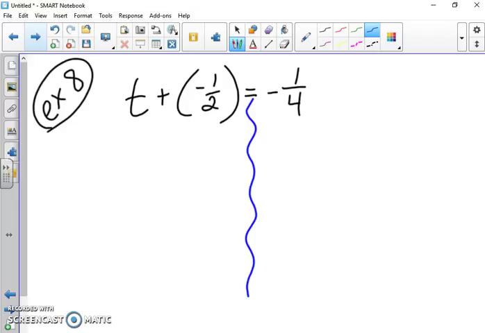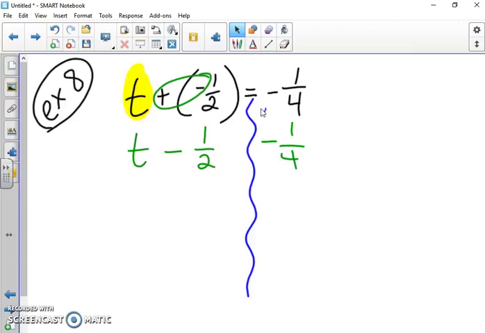So let's go ahead. There's a couple things we got to fix here. Here's our variable. So the first thing we need to fix is this double sign action going on. Gross. So a positive and a negative is a negative. Drop down your 1/2, drop down your negative 1/4. All right, so that's looking better. And yes, at this point, we could go ahead and just keep our fractions, but let's go ahead and make them decimals because we can.